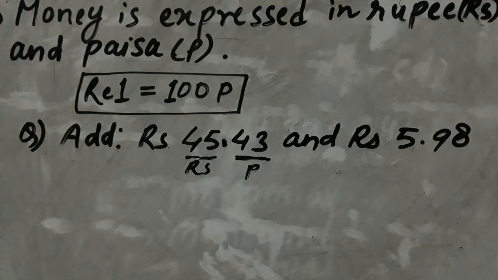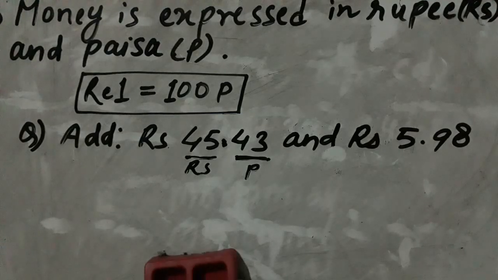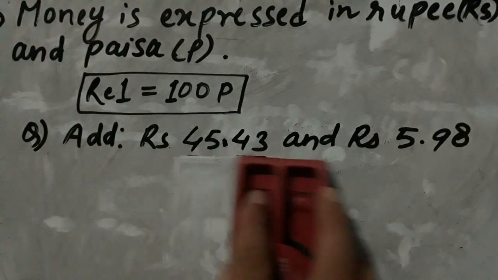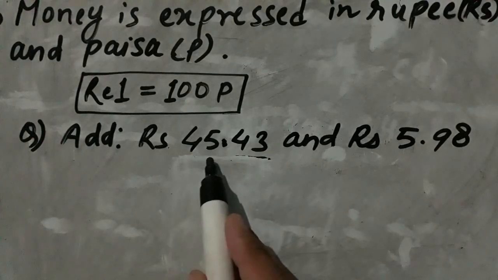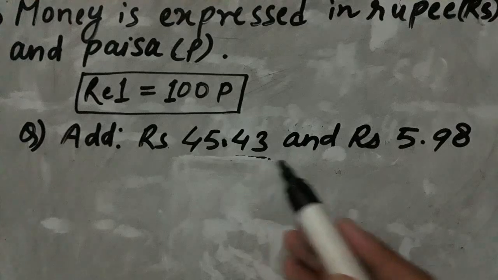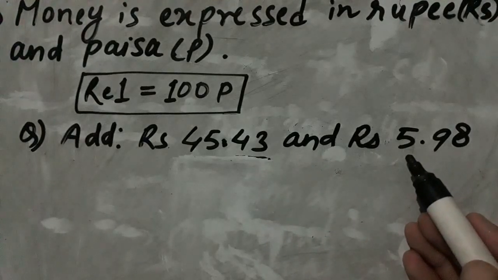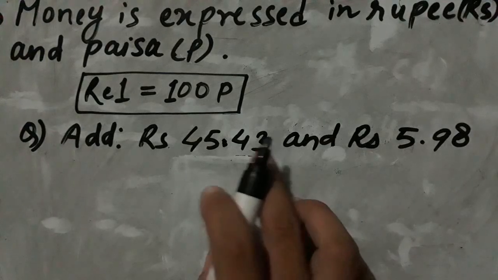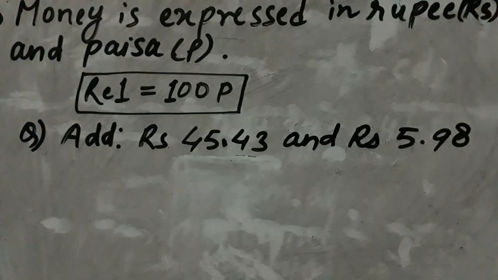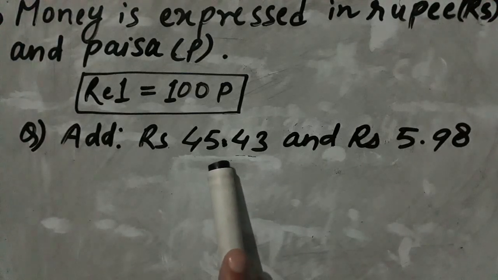So students, now let's do the solution. So we have to add 45 rupees 43 paisa and 5 rupees 98 paisa. So students, while adding, always keep one thing in your mind, as there is decimal.